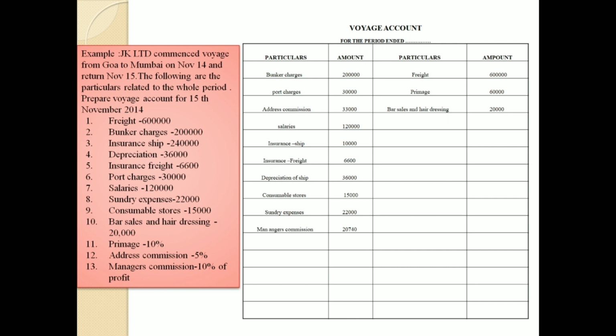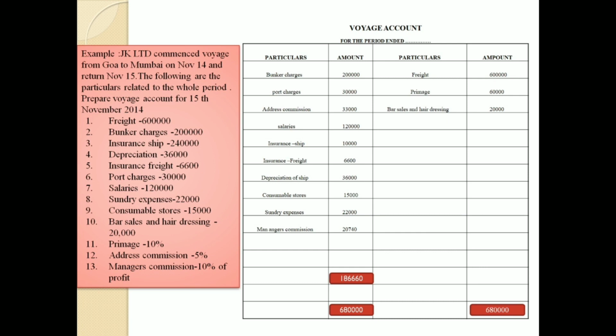Then let us see how to calculate the profit situation. First of all, you have already calculated the total of credit side, that is 6,80,000. Then the same amount you have to write on the debit side also. Find out the difference of these two, that is 1,86,660.